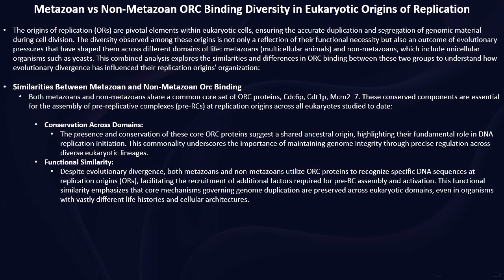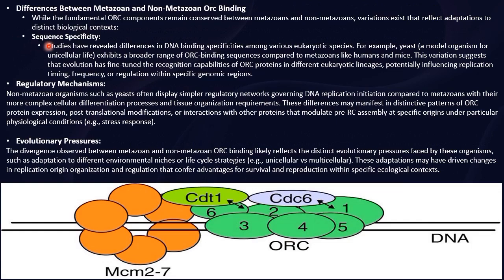The first difference is sequence specificity. As I mentioned earlier, metazoans feature a conserved ORI sequence, which is known as ARS, which stands for autonomously replicative sequences, whereas non-metazoans have comparatively complex origins which have no conserved sequences.